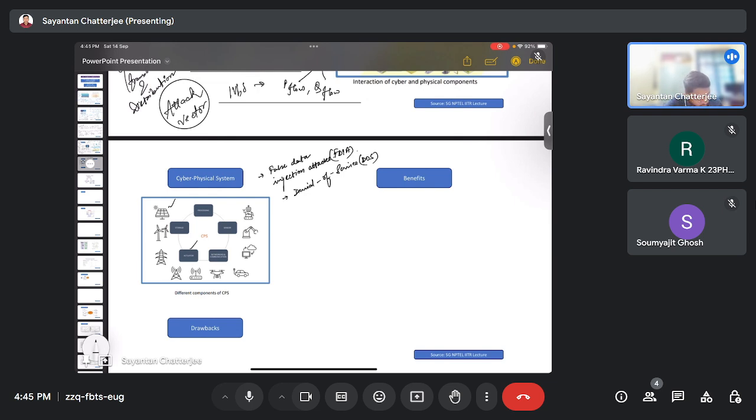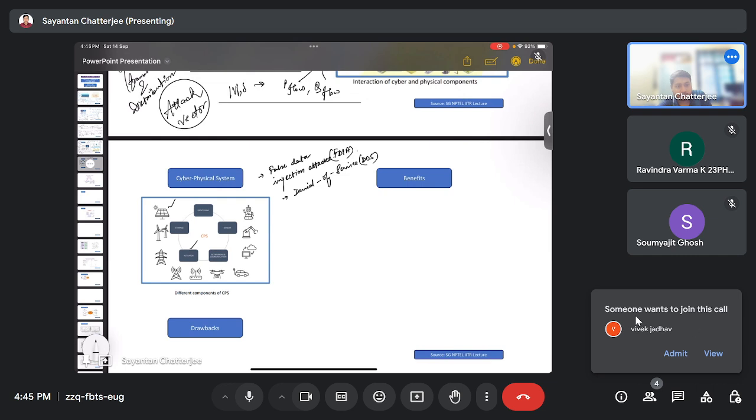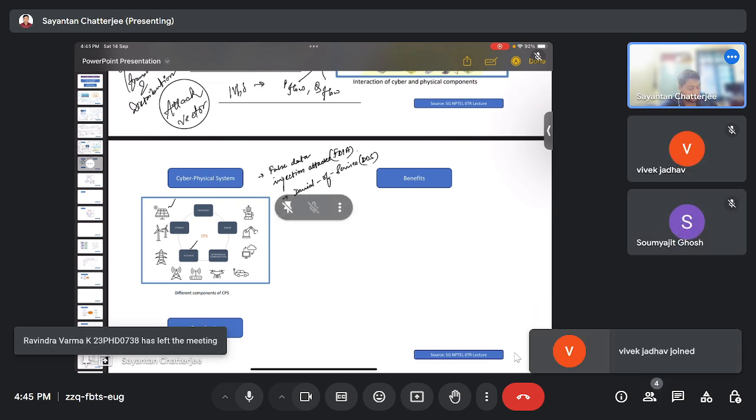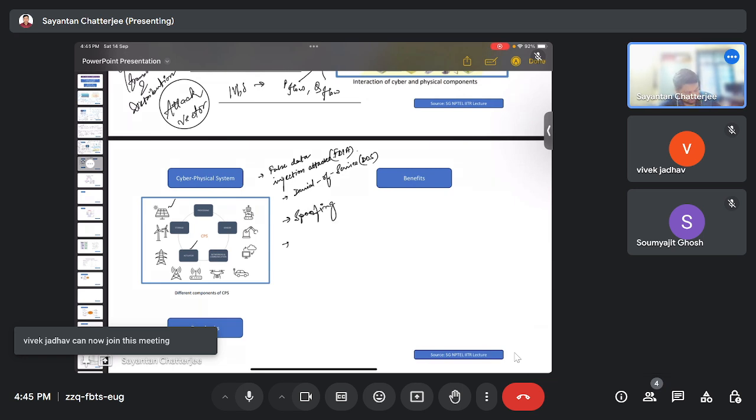We can also have spoofing. Someone can also attack the protocol, or change the protocol.